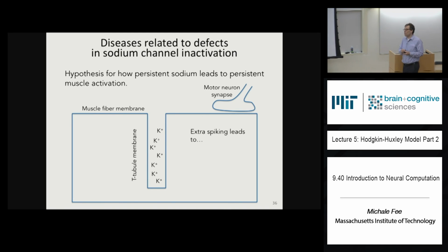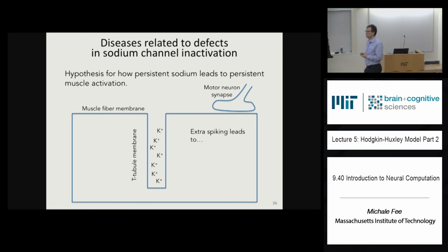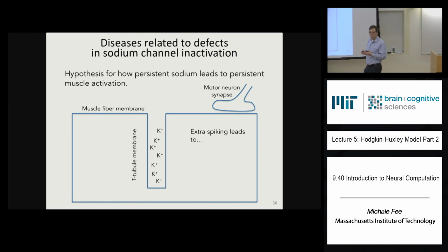And remember, we now have 300 or 400 milliseconds before that potassium can get out of the T-tubule by diffusion. So what's going to happen when you have all that extra potassium in the T-tubule? What's it going to do?